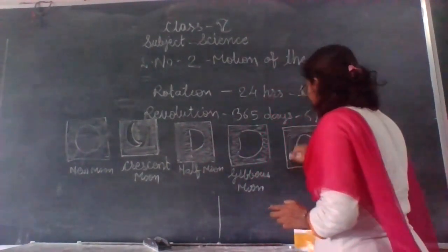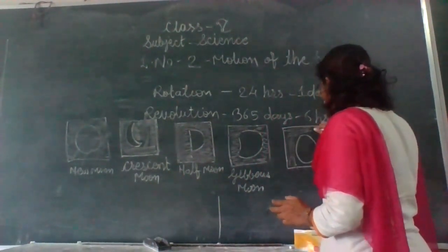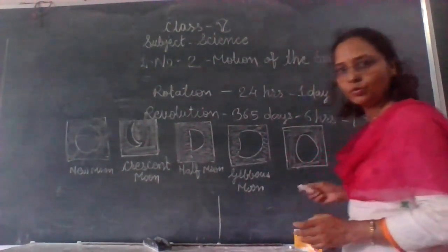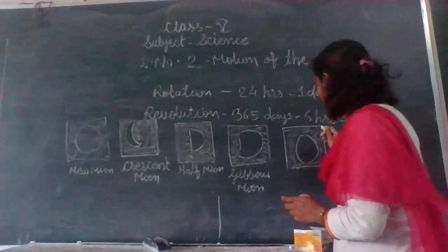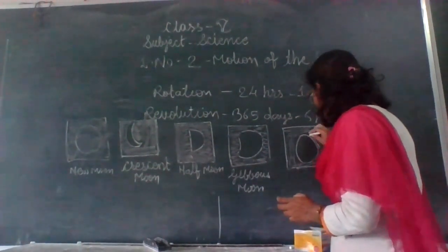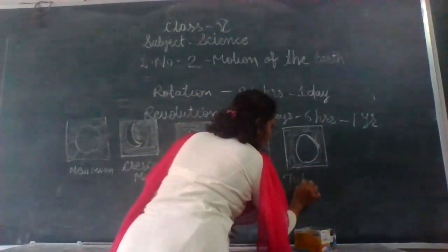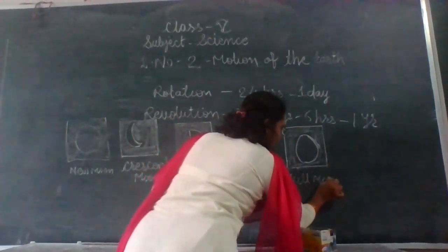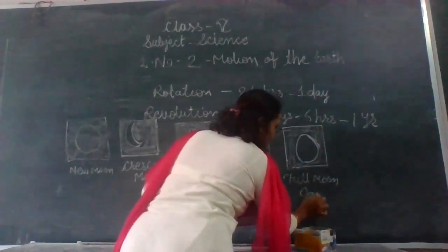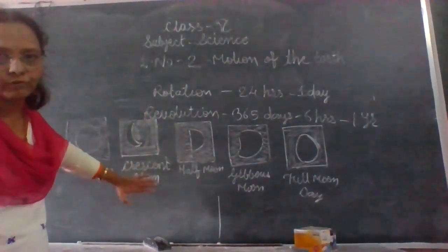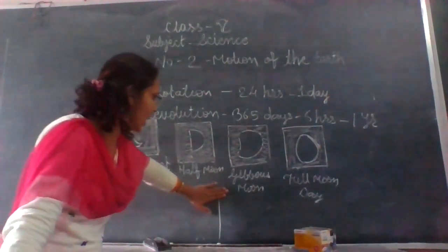So this is the full moon. Okay, the complete moon which is in the sky. So these are the various phases of the moon when we observe in the sky.